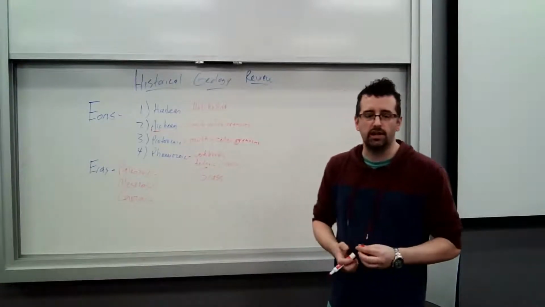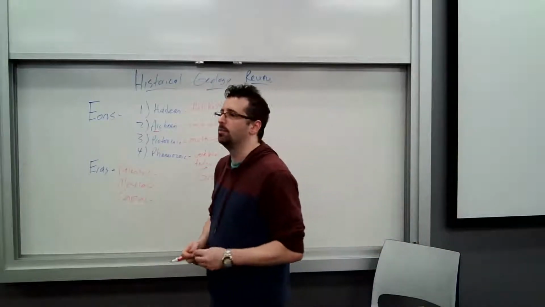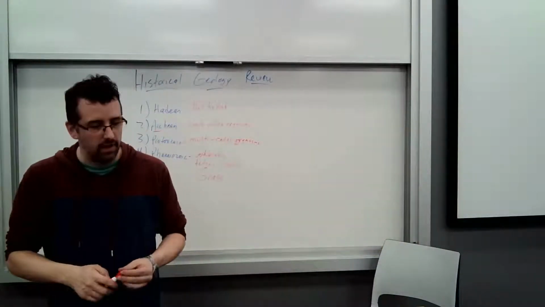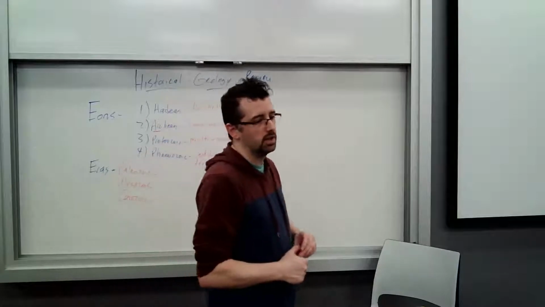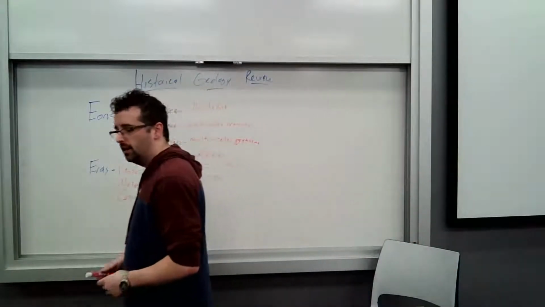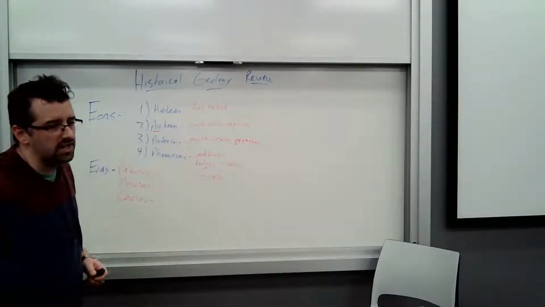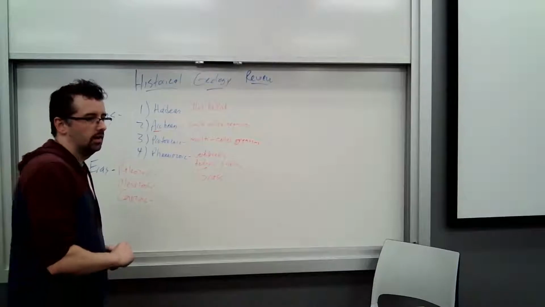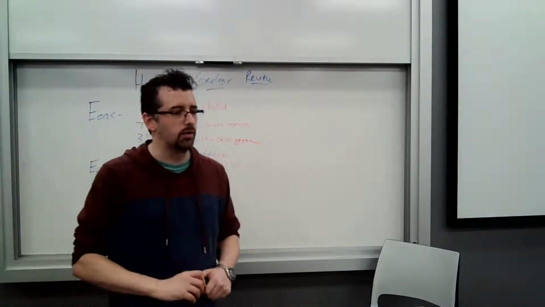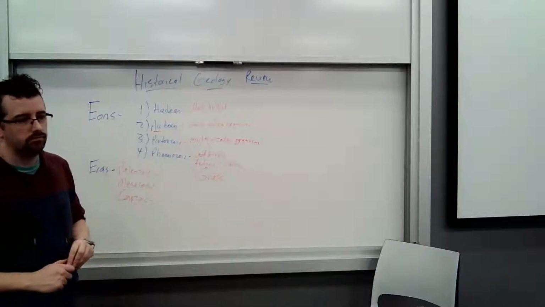So, the Paleozoic. I gave you a very good example of something that existed during the Paleozoic. I would like you to give me some form of definition. We're going to talk about animals when we talk about these 3 eras.